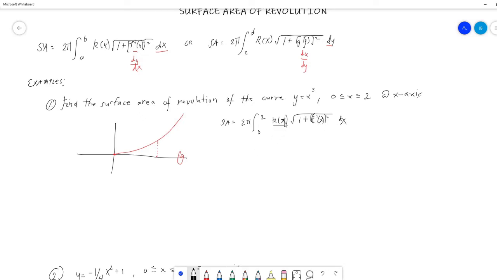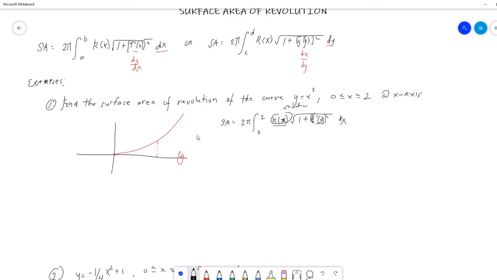Now we should know what R of x means. That is the radius. And f prime of x is the derivative of the function of x.